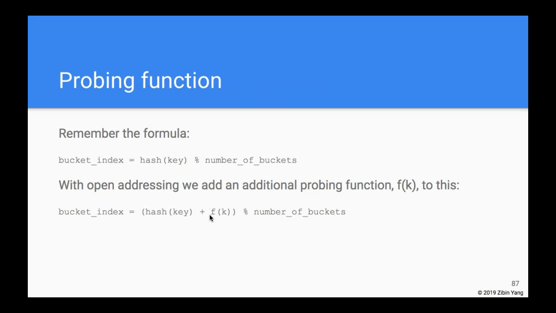The very first time, when k equals 0, this most likely just returns 0, so we just look at the first bucket the key is hashed to. If that bucket is occupied, k becomes 1, which gives a different number, and we probe the next location. If that is still occupied, k equals 2, and we probe a different location, and so on and so forth.